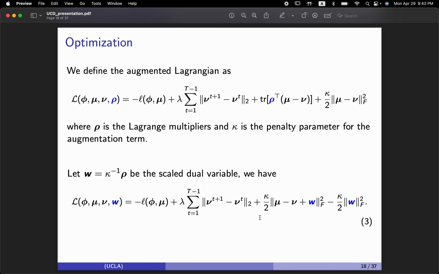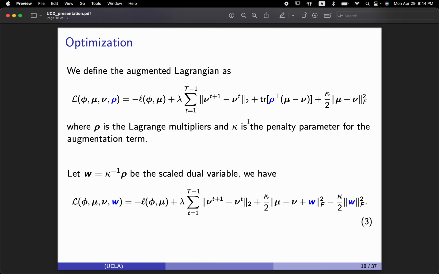Once we have a particular algorithm that can be helpful in solving our problems, we can just manually or gradually rewrite our problem into the ADMM framework. So let's first define the augmented Lagrangian for our optimization problem in the following way.